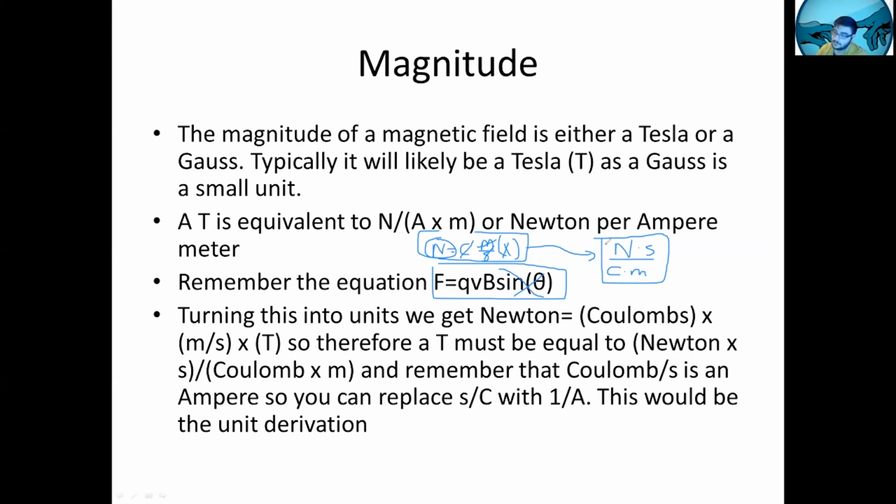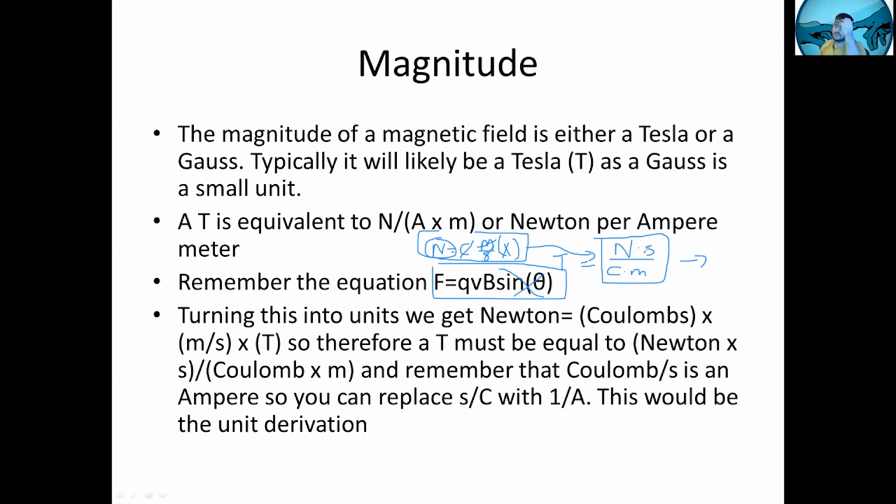Okay, and since we're left with this, so Tesla is equal to this, we notice we can actually simplify this further, right? Because you know that a coulomb per second is an ampere, because current, which is I, is just equal to charge per second. Units for current, amperes. So that means an ampere is equal to a coulomb per second.